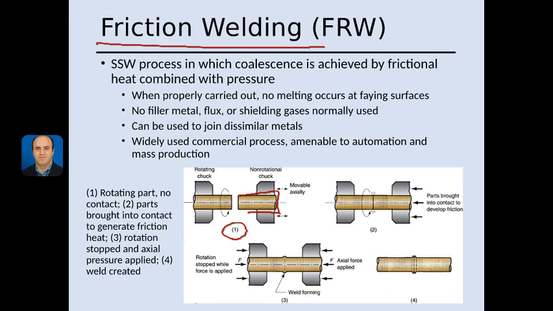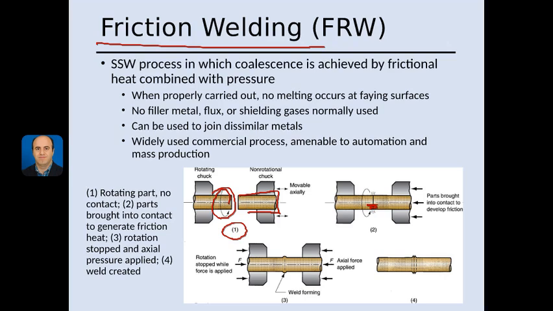The other part is going to be rotated fast, at high speed, and then the parts are going to be brought together at this point, and because we have pressure and rotation, heat is going to be generated because of the friction. It's called friction heat.